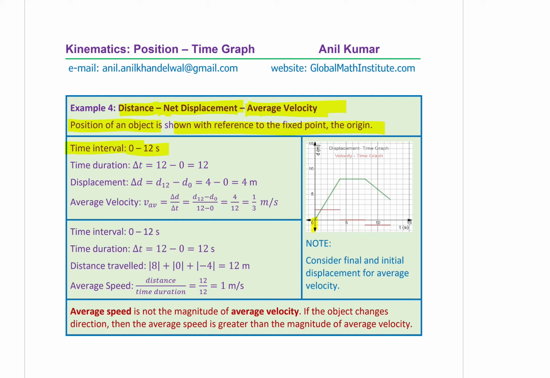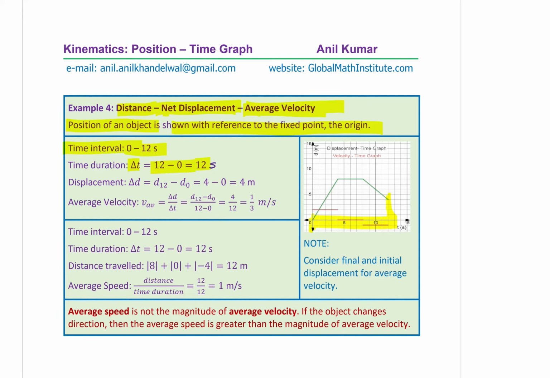So when you consider the total interval between 0 to 12, the time taken is 12 minus 0, which is 12 seconds, correct? As far as the displacement goes, it started from 0, but it is ending at a position which is for us 4, right? So this point here is 12, 4.